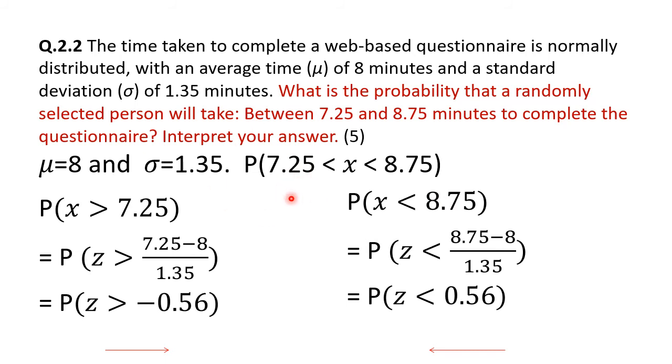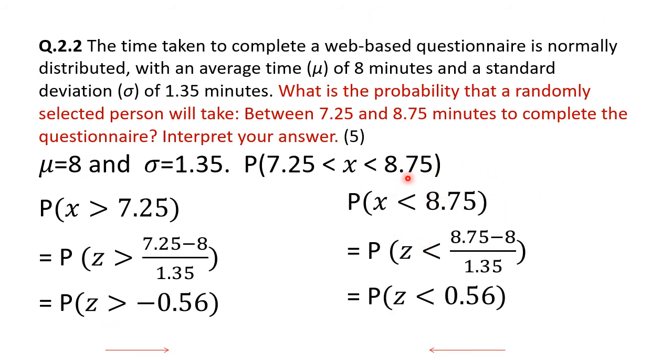Let's start with the smaller one. I substitute my x value into the formula, minus the mu, which is 8, divided by the standard deviation, and I'm going to get minus 0.56. So I'm looking at z is greater than minus 0.56. You always maintain the inequality. Let's look at the bigger number.